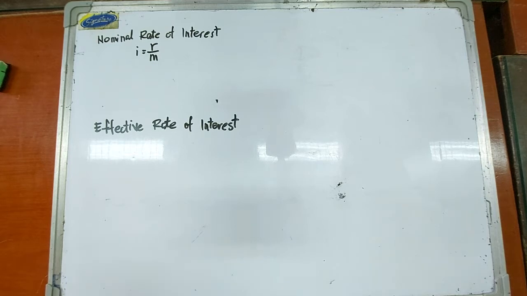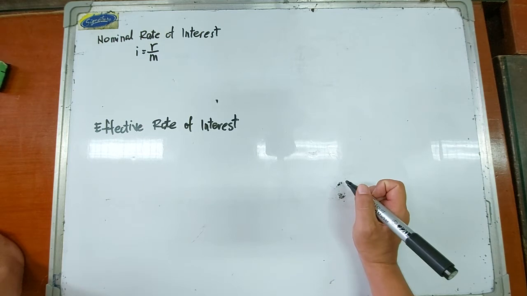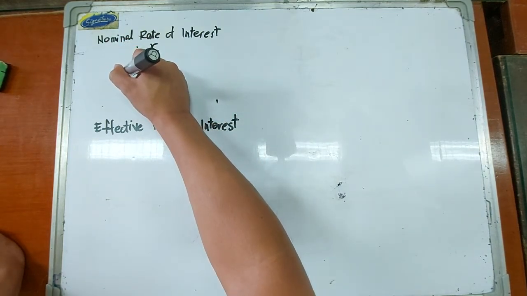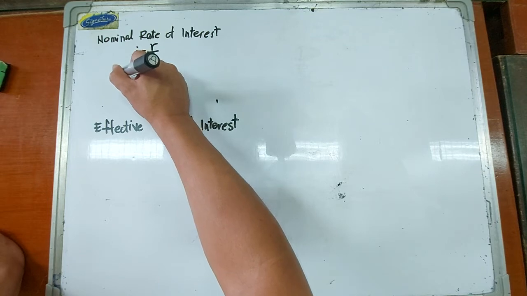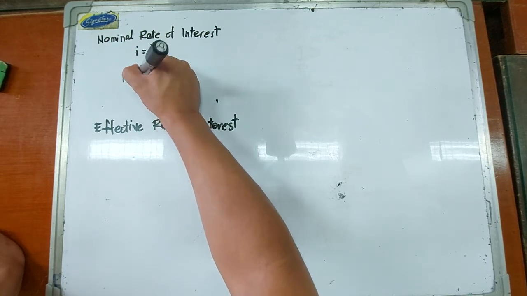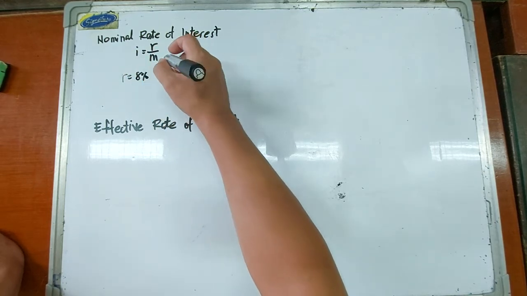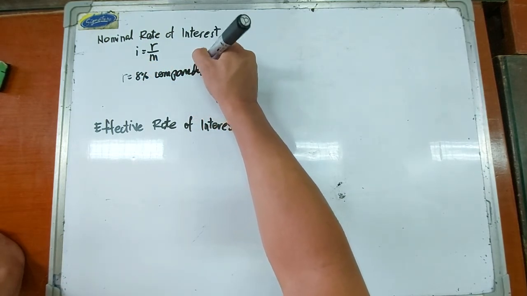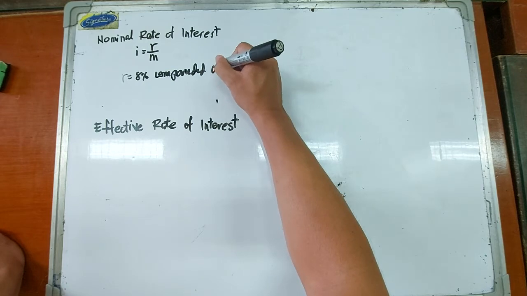For example, we have an example in your module. For example, we have an interest of 8%. So our nominal rate of interest of 8% compounded quarterly.